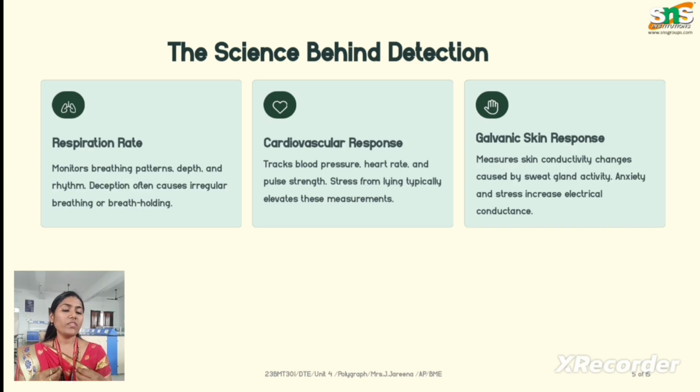That is the reason we take these three involuntary physiological parameters, so that based on the emotional changes happening in our body, these parameters will clearly say how the person is behaving, whether the person is at a stress level, whether the person is telling a lie, or whether the person is at a high anxiety level. So it clearly gives you the picture about the overall physiological or emotional behavior based on these physiological parameters.